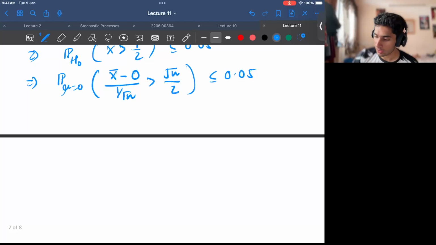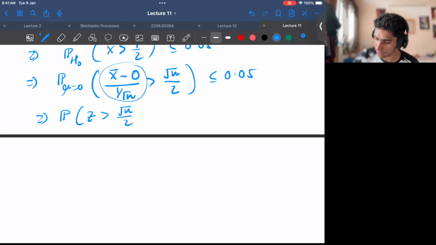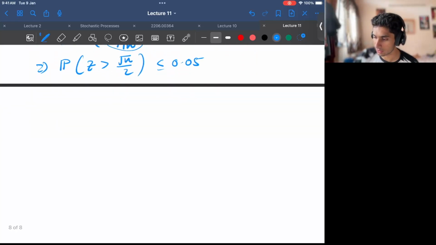Okay. Now this is your basic shifting and scaling, so that this becomes your standard normal, right? Probability that Z is greater than root n by 2 is less than or equal to 0.05, right?